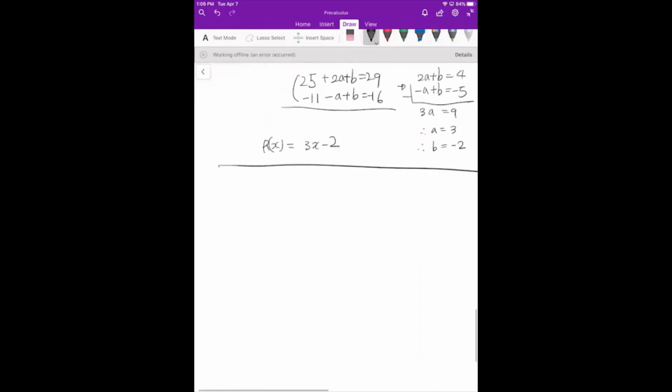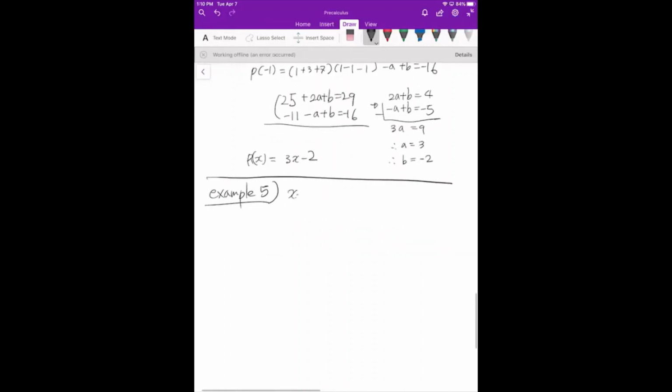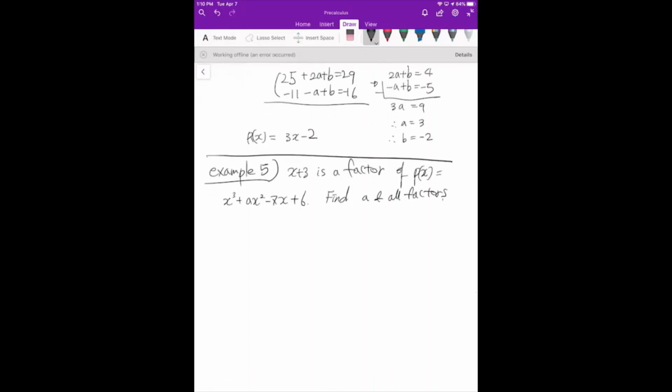Example 5. x plus 3 is a factor of P(x). P(x) is x cubed plus ax squared minus 7x plus 6. Find a and all factors. I'll give you a head start. Plug negative 3 instead of x, because x plus 3 is a factor.